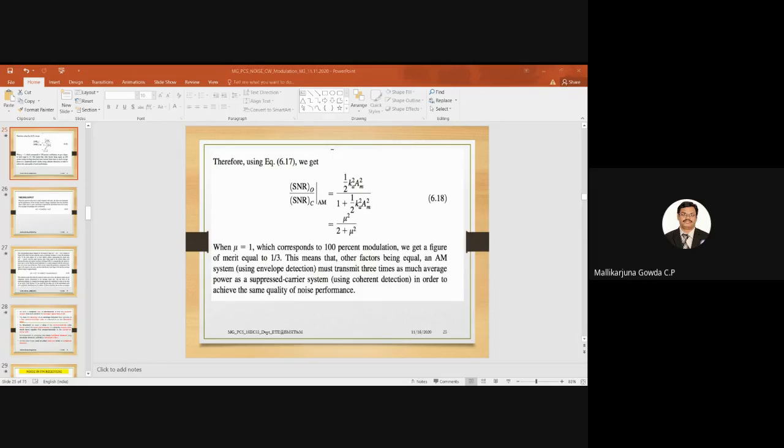I told the message signal is a sinusoidal signal, so what will be its average power? We denote it by P. If the sinusoidal message signal is m of t equal to Am cosine of 2 pi fm t, its average power will be Am squared by 2. If you substitute P as Am squared by 2 in that expression, what do we get?